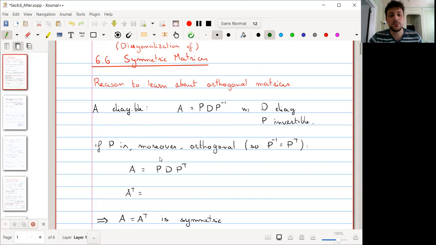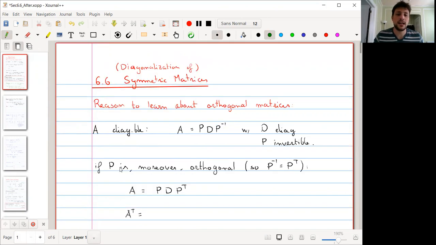We can say a little bit more when the corresponding matrix P is orthogonal. So remember from the discussion we had last time that orthogonal matrices are matrices for which the transpose and the inverse coincide. So if A is diagonalizable with orthogonal matrices, so when P is orthogonal, we can write the following.